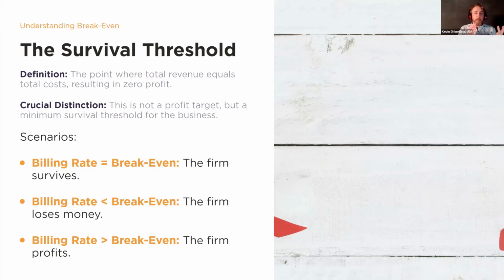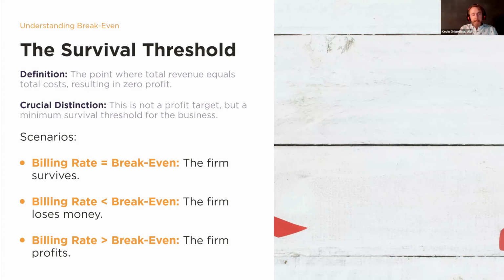If your billing rate is the same as your break-even rate, your firm is going to survive. You're going to earn the money that you've set out to earn to pay all of your salaries, including your own if you're the owner of the firm.